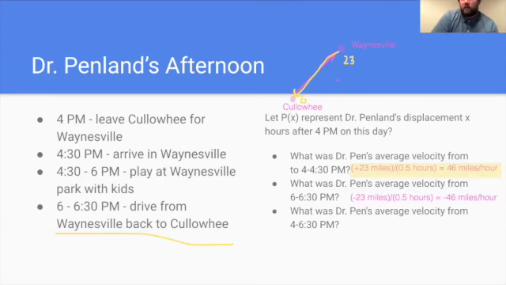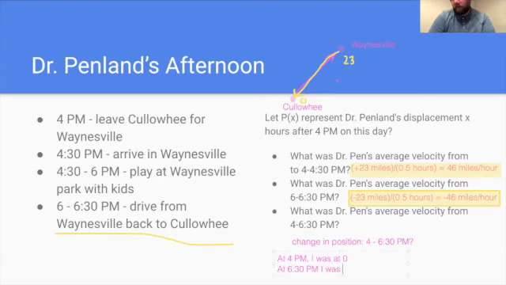Then final question, what was my velocity from 4 to 6:30 p.m.? Well, let's think about this. What was the change in my position from 4 to 6:30 p.m.? At 4 p.m., I was at time 0. At 4 p.m., I was at 0. And at 6:30 p.m., I was at 0 because we agreed that Cullowhee was 0. So there was no ultimate change. I traveled 0 minus 0.